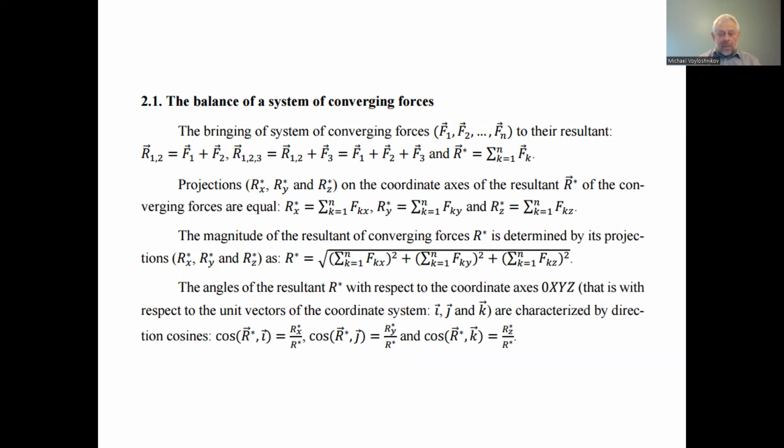The first type, for the flat case, for a usual system of forces: the sums of projections of forces on the coordinate axes x and y have to be equal to 0. So this is two equations, and the third equation is that the sum of moments rotating around any point has to be equal to 0.